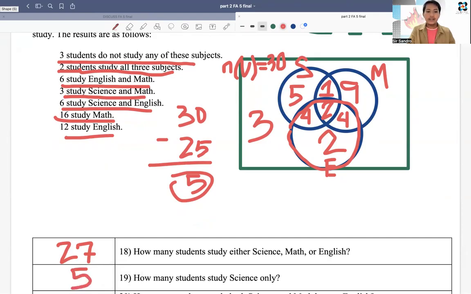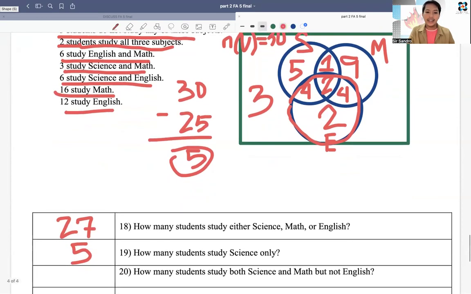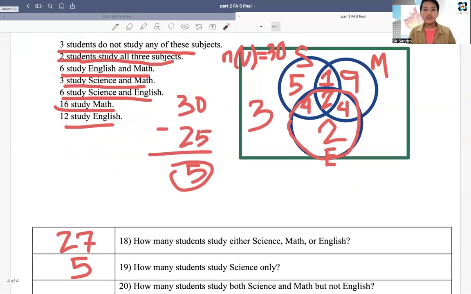Next question, number 20. How many students study both science and math, but not English? Our keyword here is the word and. Can you follow? So science and math. Where is science and math here? This one.